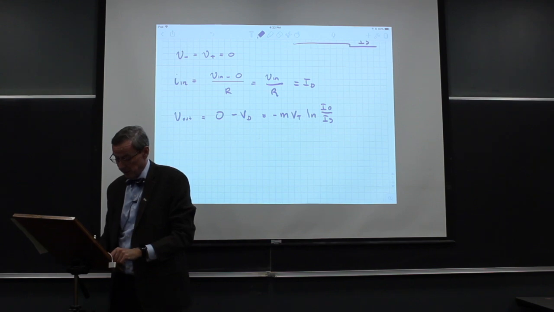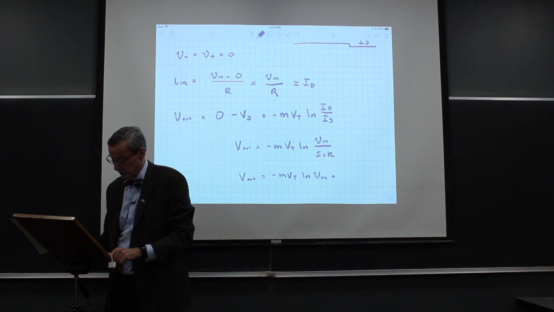And that's going to be V out is minus MVT natural log V in over ISR, or minus MVT log V in plus MVT log ISR.